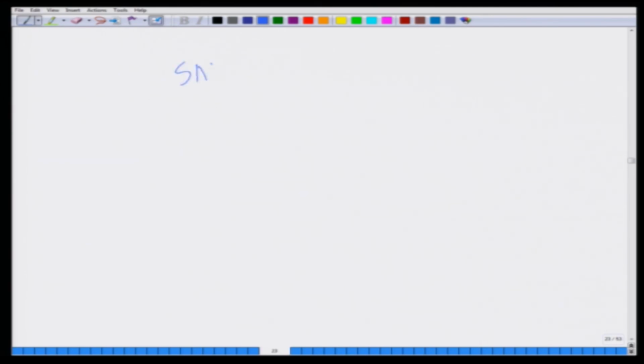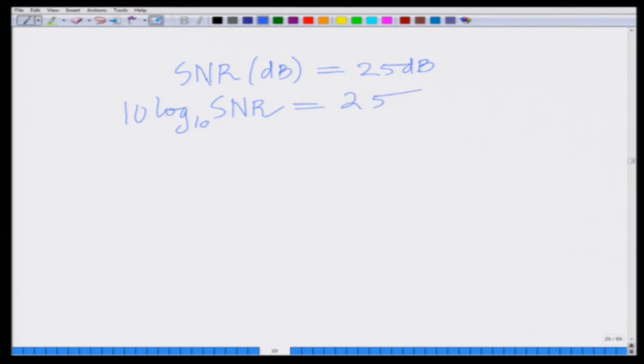SNR dB equals 25 dB, which means 10 log 10 SNR equals 25, which means SNR is equal to 10 to the power of 2.5, which is equal to 316.2278.